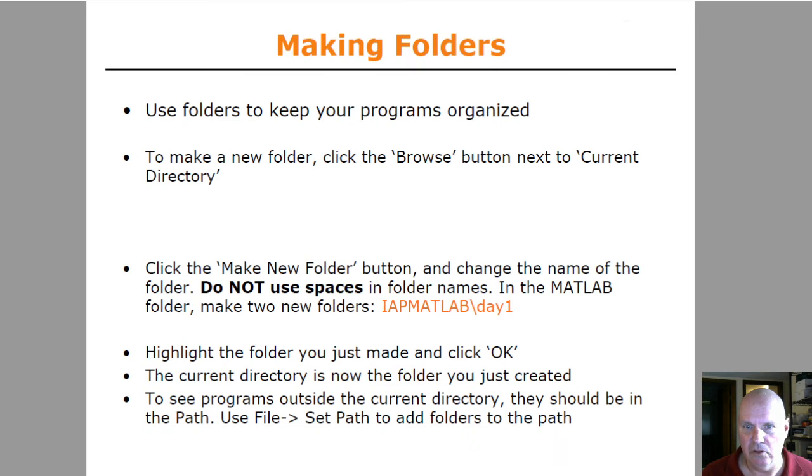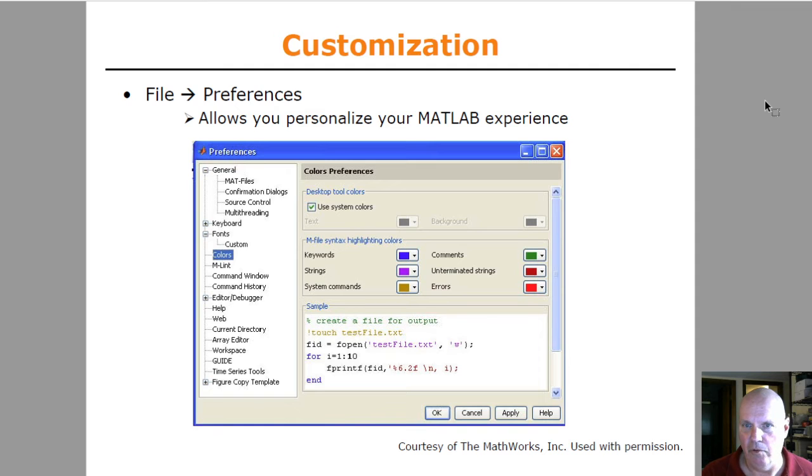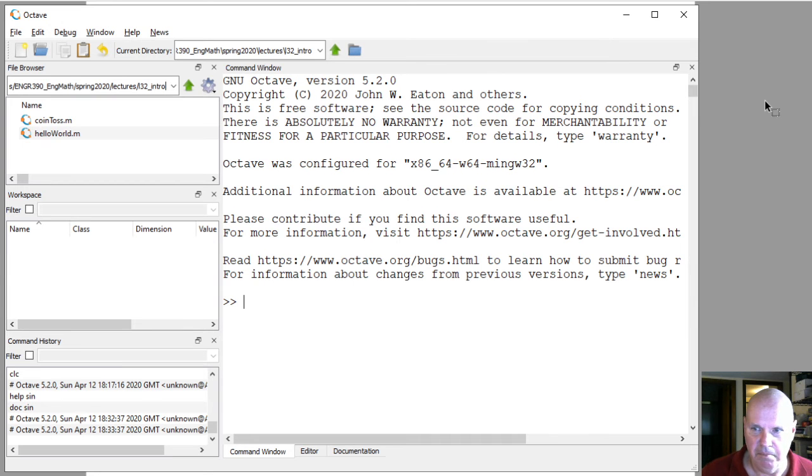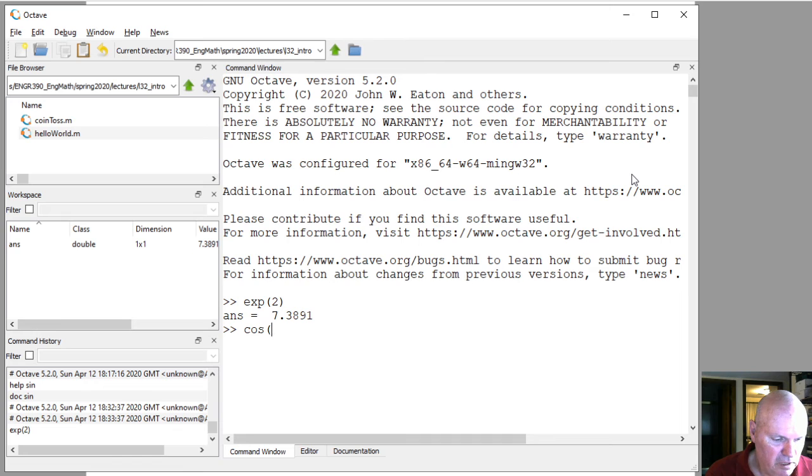So going back to the slides here, again, they show modifying the MATLAB GUI preferences. You can use MATLAB as a very powerful calculator, again, for some basic arithmetic, exp of 2 or cosine of pi over 2.